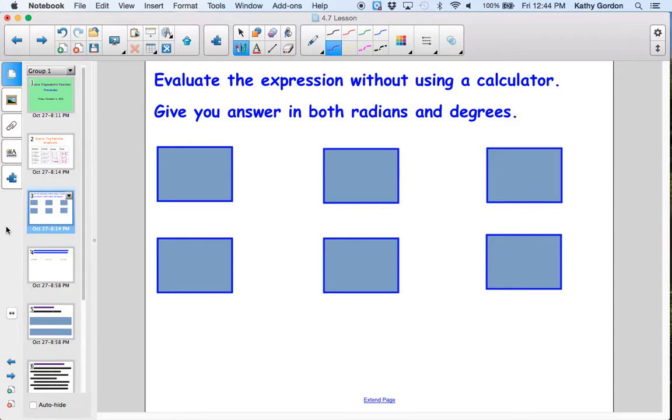When I uncover it, think about it and put your answer on your whiteboard. Do not show me the whiteboard until I call for it, so everyone gets a chance to think through it before anyone shows theirs. Make sure you give me your answer in both radians and degrees. Practice both. Ready?